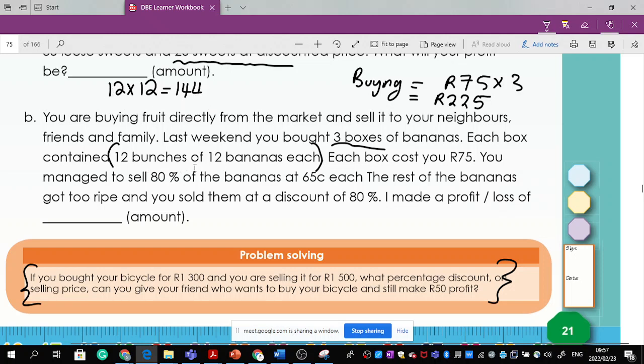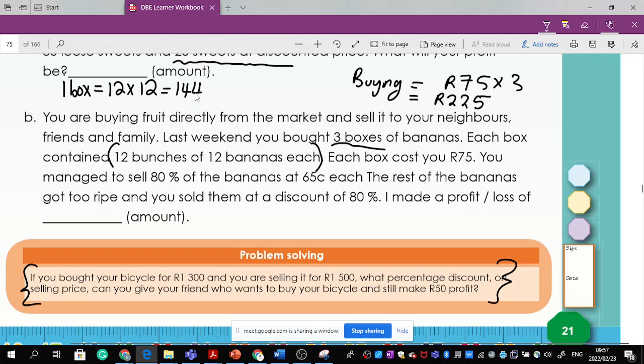Because you have 12 bunches of bananas, so 12 bunches of 12 bananas each. They said they bought 3 boxes. Yes, this is for 1 box. Isn't it 144?